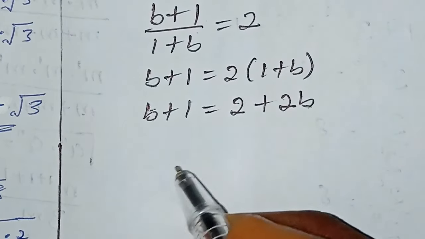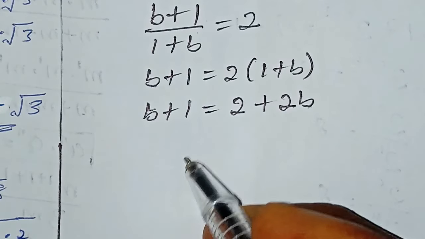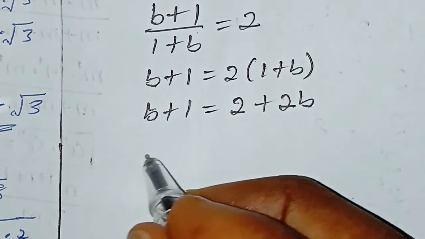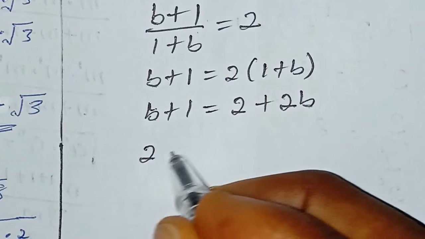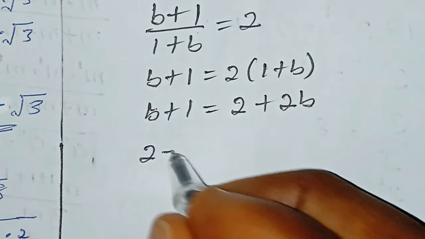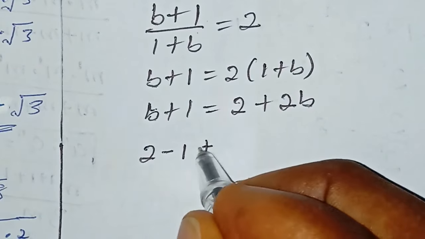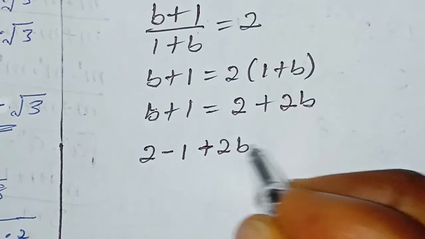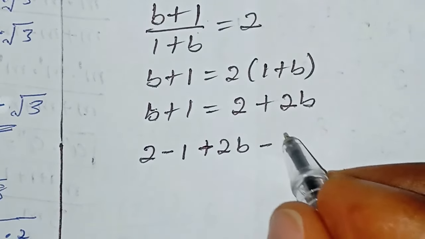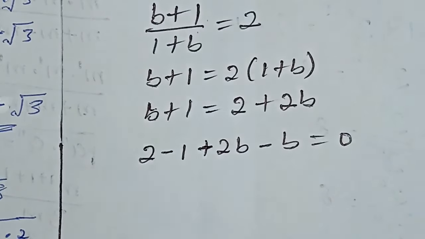Now we move everything to the left hand side, and that gives us 2 minus 1 plus 2b minus b equal to 0.